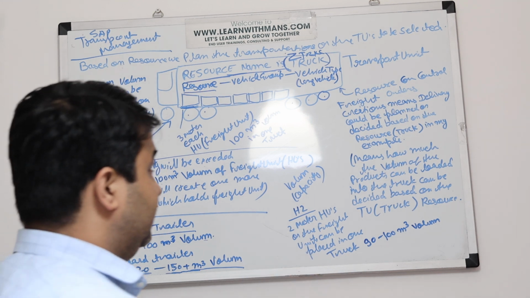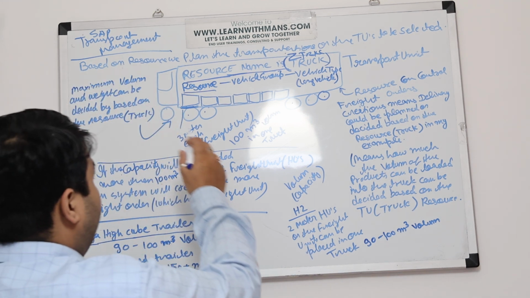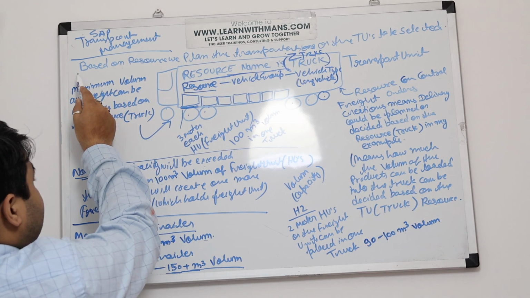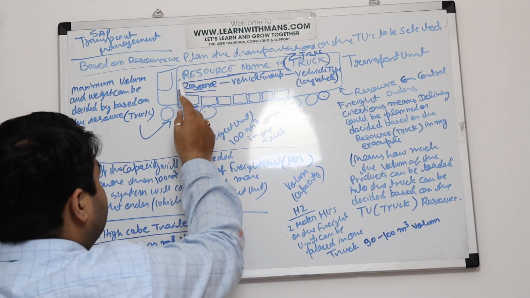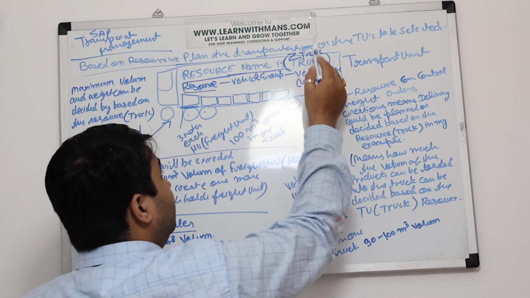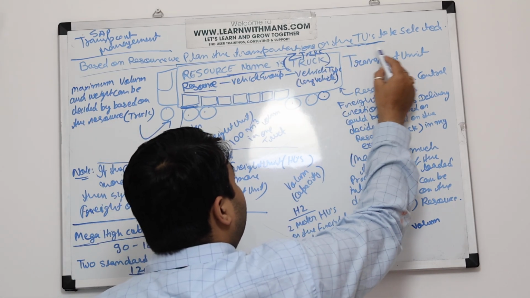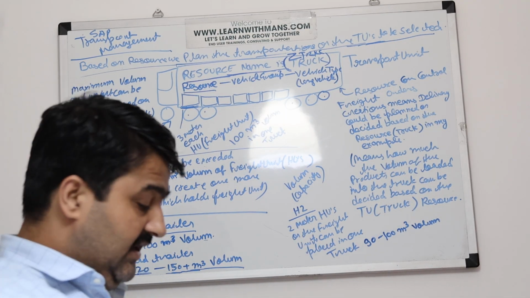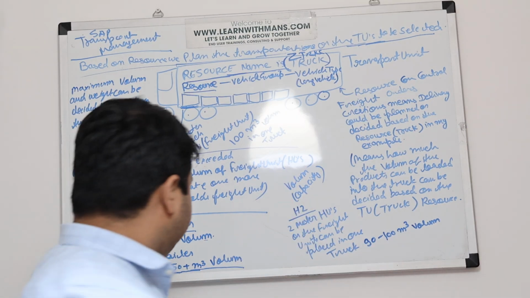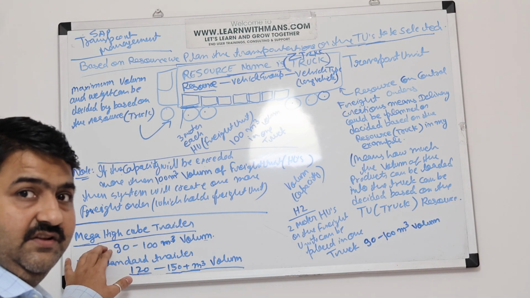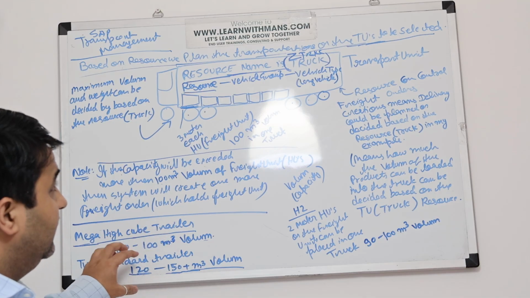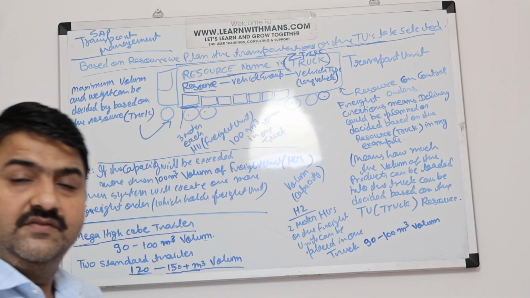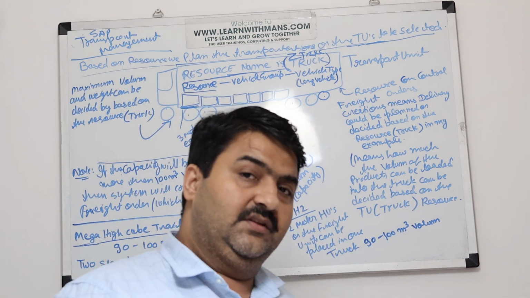How will the system take the decision? I mentioned a few points to help you understand in an easier way. Based on the resource, we plan the transportation, meaning the transportable unit to be selected. If the business knows we have this mega high cube trailer, and we have a product of, for example, 100 cubic meters of volume, this is fine, we will send this product to the customer.